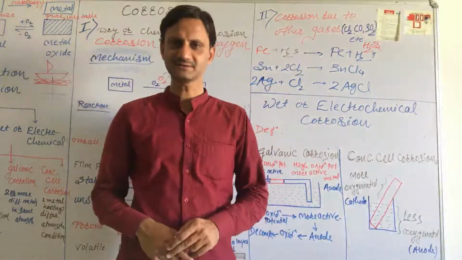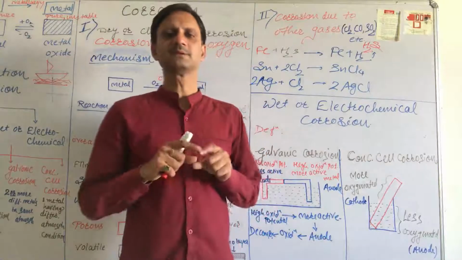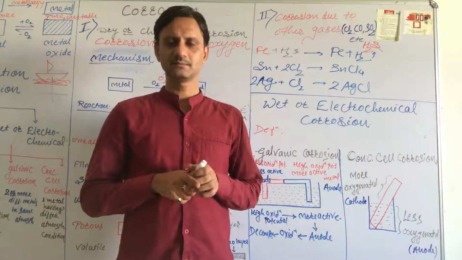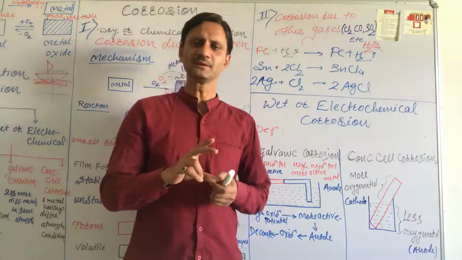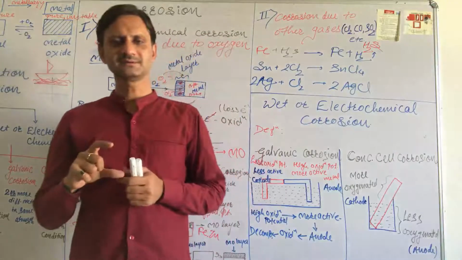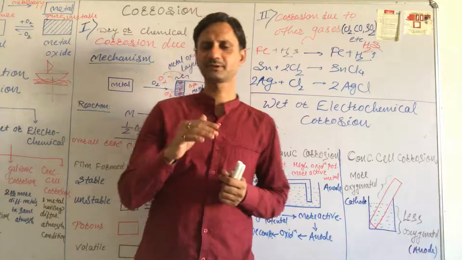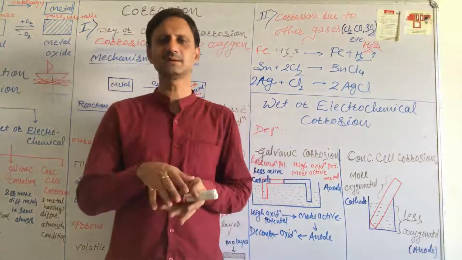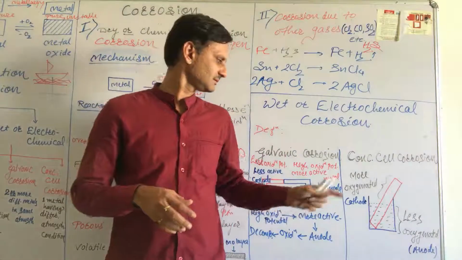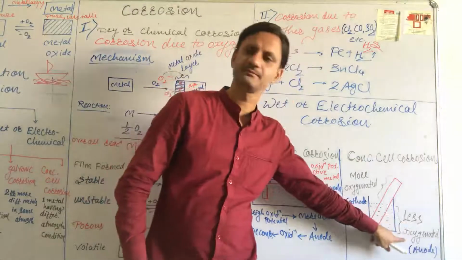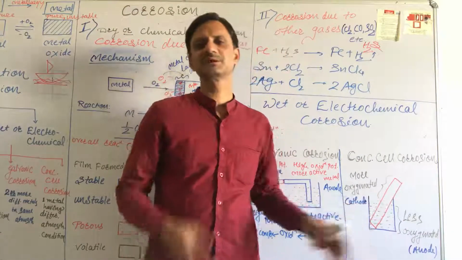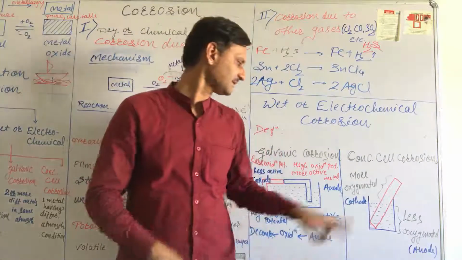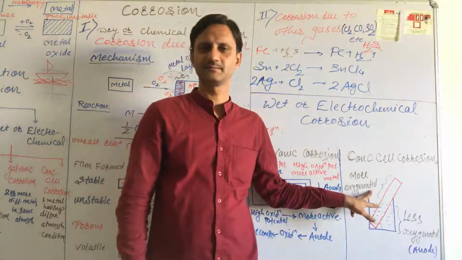As we already discussed during the classification, when the electric pole is buried in soil, the portion which is inside the earth is less oxygenated, and the portion which is above the earth level is more oxygenated.